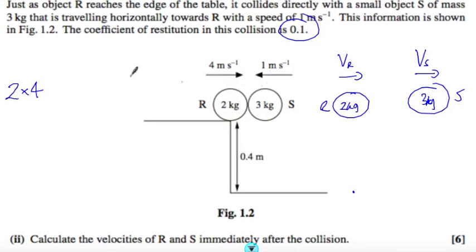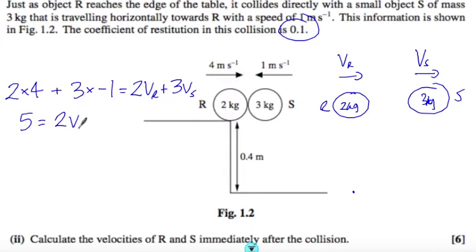Just be careful with S, because that has mass 3, but it's travelling at velocity minus 1 because it's going in the opposite direction. And on the right, we've got R's mass of 2 travelling at VR, and S has a mass of 3 travelling at VS. So this is 8 minus 3, so we've got 5 equals 2VR plus 3VS.